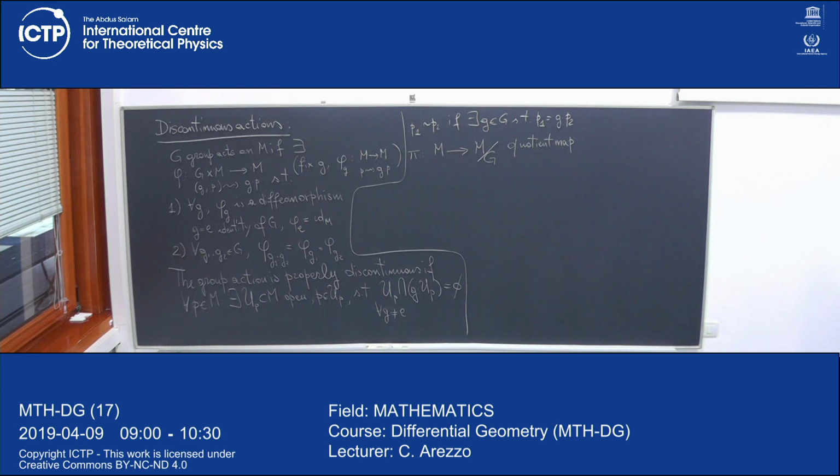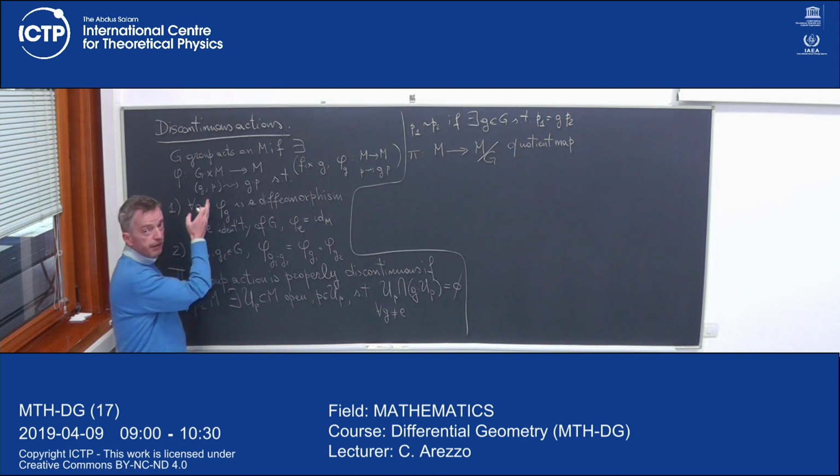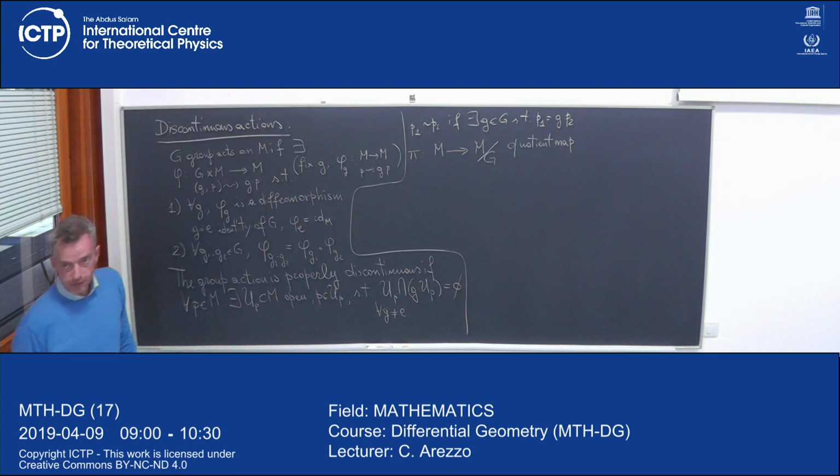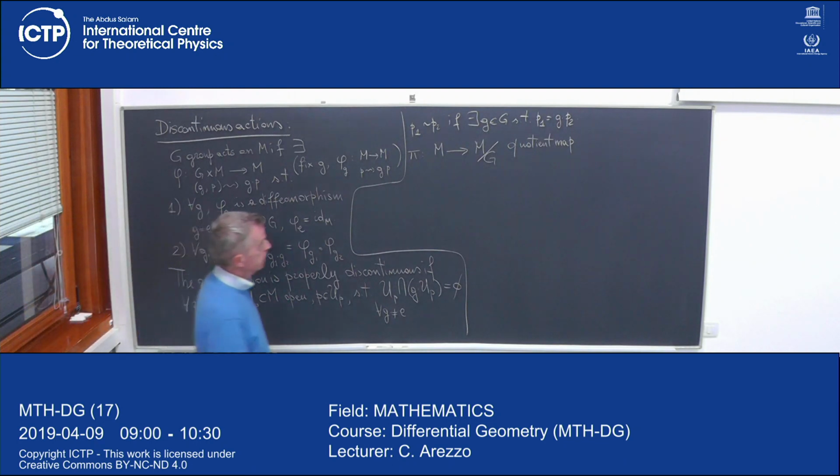Now, the point is, all this, essentially, besides the word diffeomorphism, belongs to the world of topology, but the point is, as we did for the sphere and the projective space, the interesting observation here is to prove that if M is a differentiable manifold, the quotient has a natural differentiable structure.